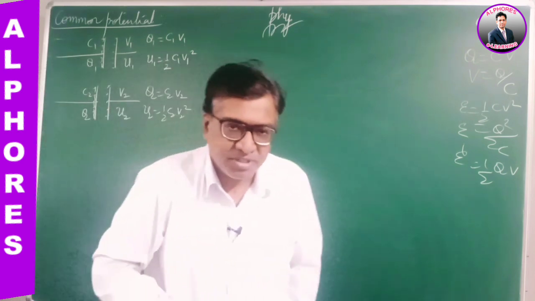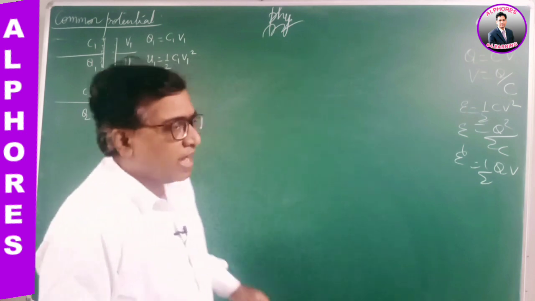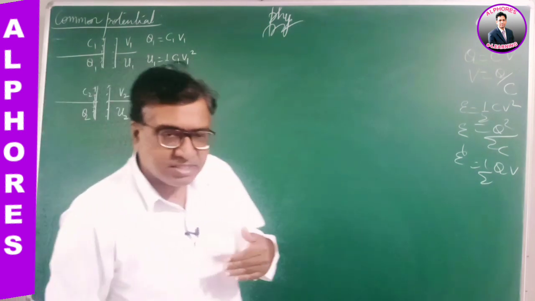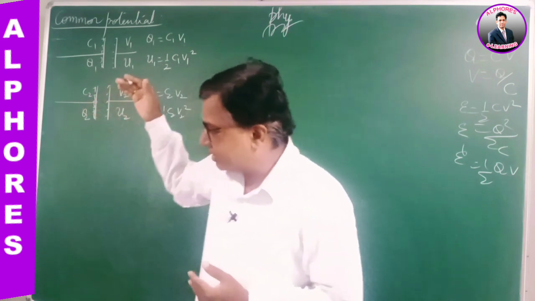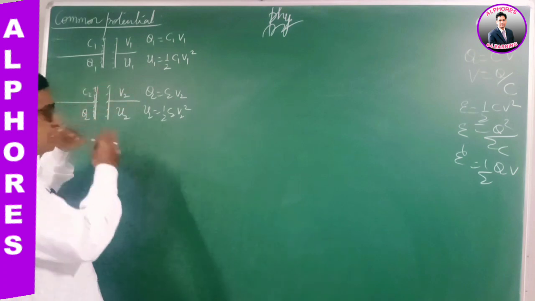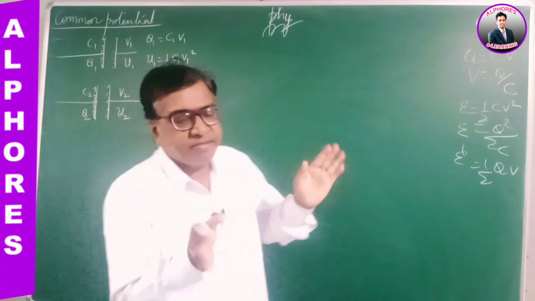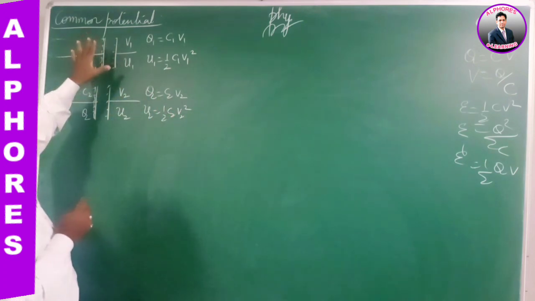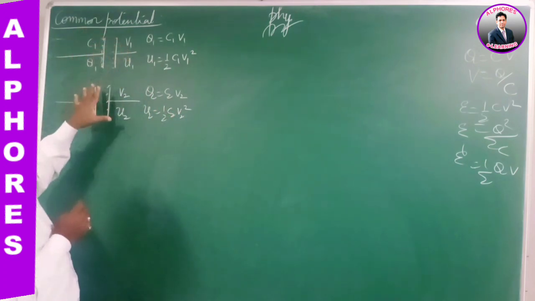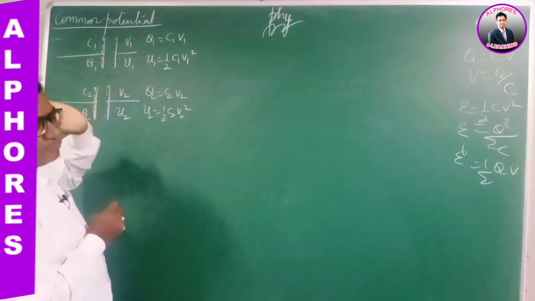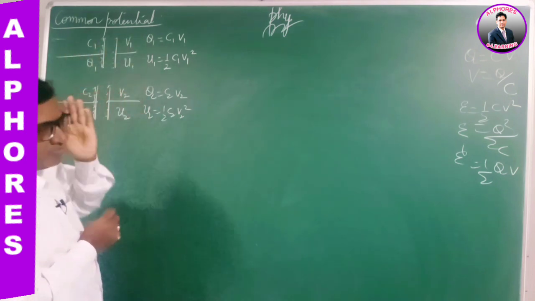So I am charging two different capacitors separately, one through some source and the other by another source, and they are separated from their respective sources. Capacitor C1 is charged to potential V1 with charge Q1 equal to C1 V1, and capacitor C2 is charged to potential V2 with charge Q2 equal to C2 V2.